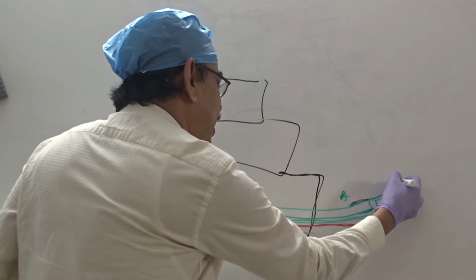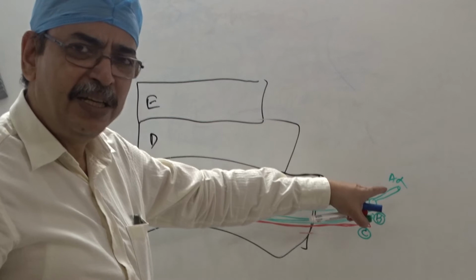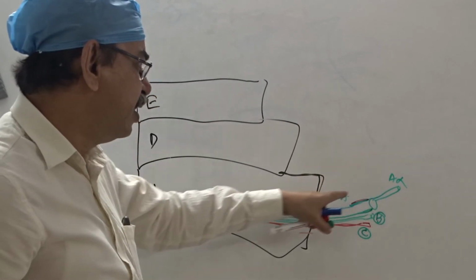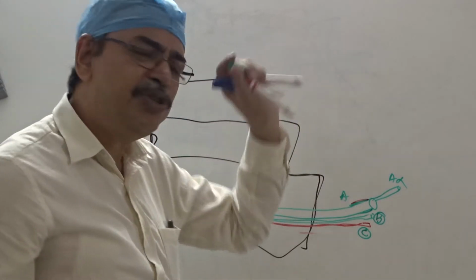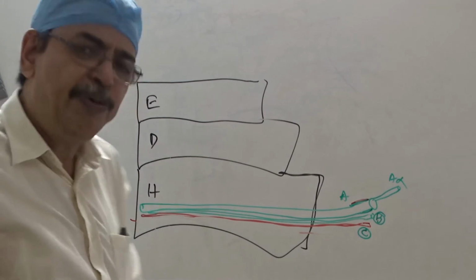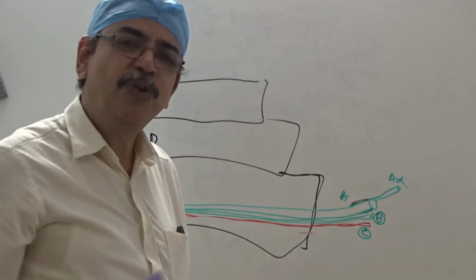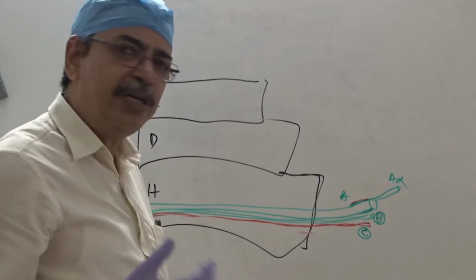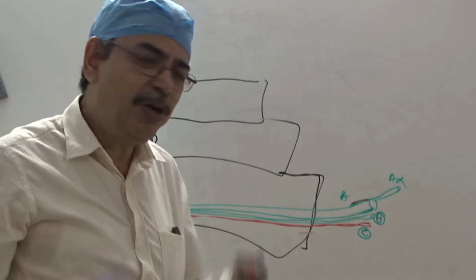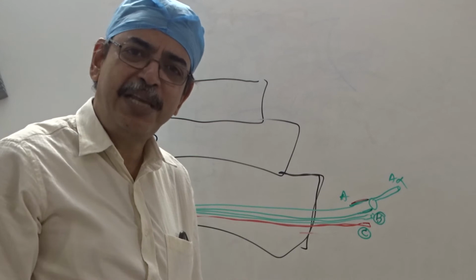These are A alpha. A alpha diameters are maximum because they need to take the information very fast. Which information? For example, when we are walking, our automatic gait, we are not practically aware when we are flexing our knees or not, because it occurs automatically at the subconscious level.